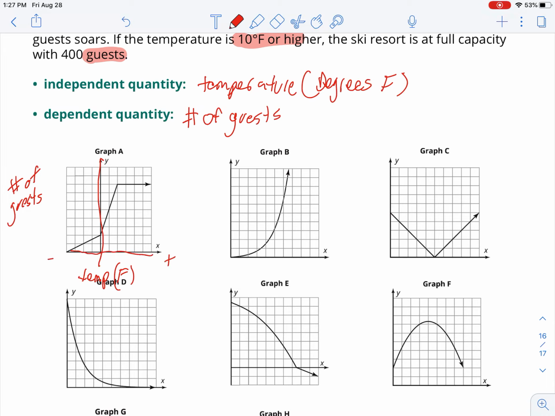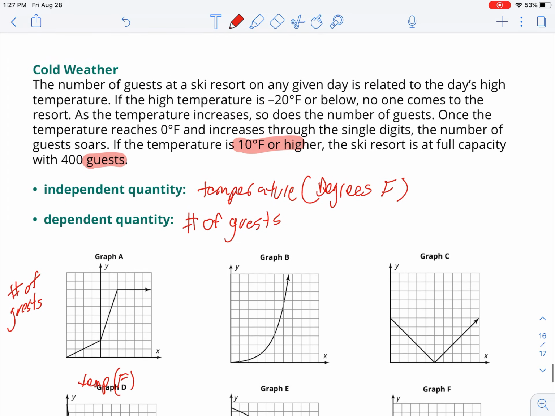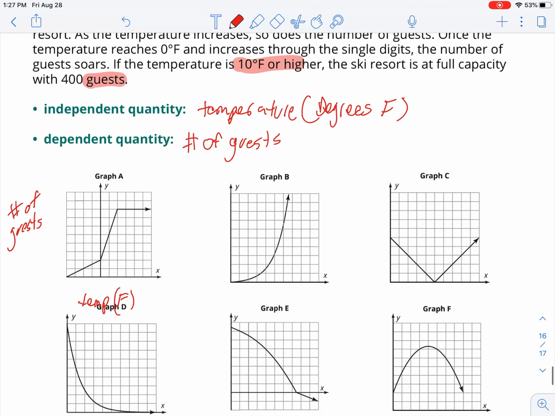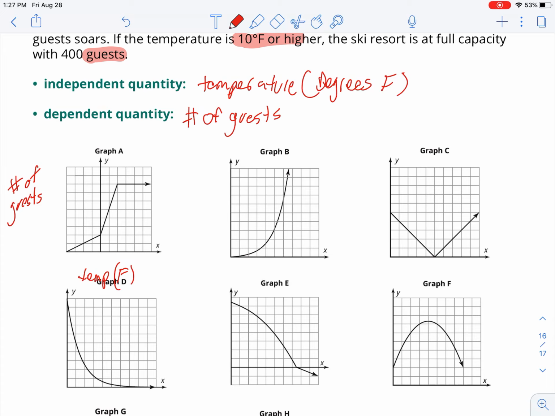Here's my positives, here's my negatives. This is one of the few times we're going to use the negatives scale, because it says at negative 20 degrees Fahrenheit and below, nobody comes. So negative 20 is right here, negative 15, negative 10, negative 5, and then we're at 0.